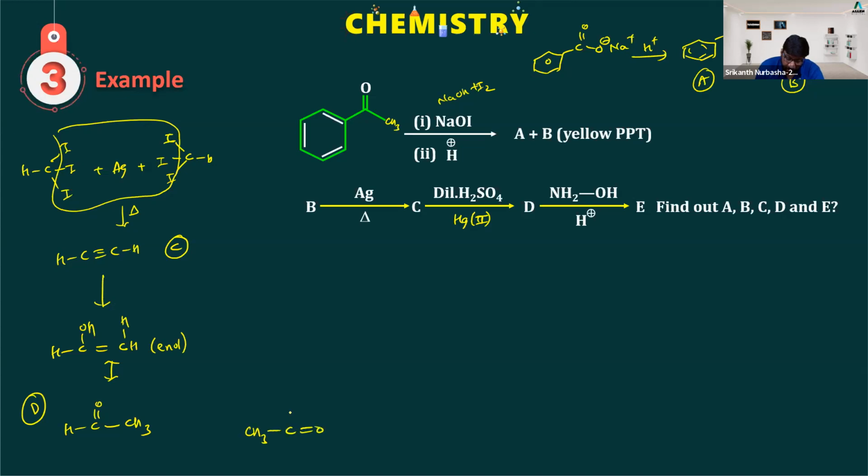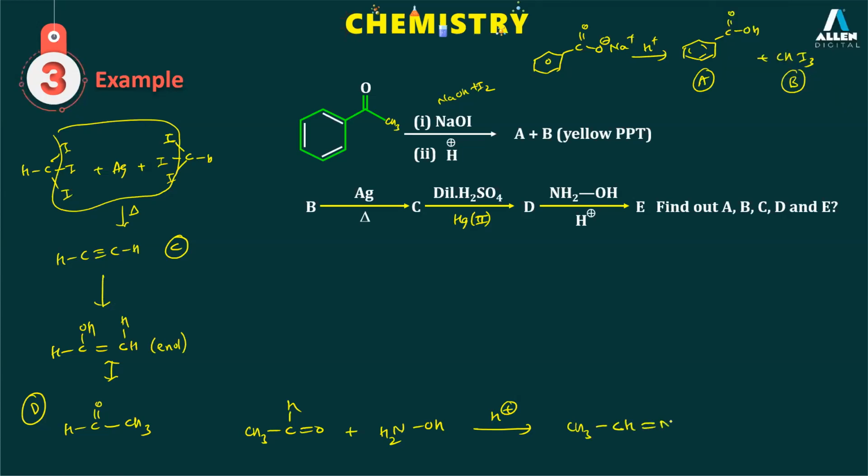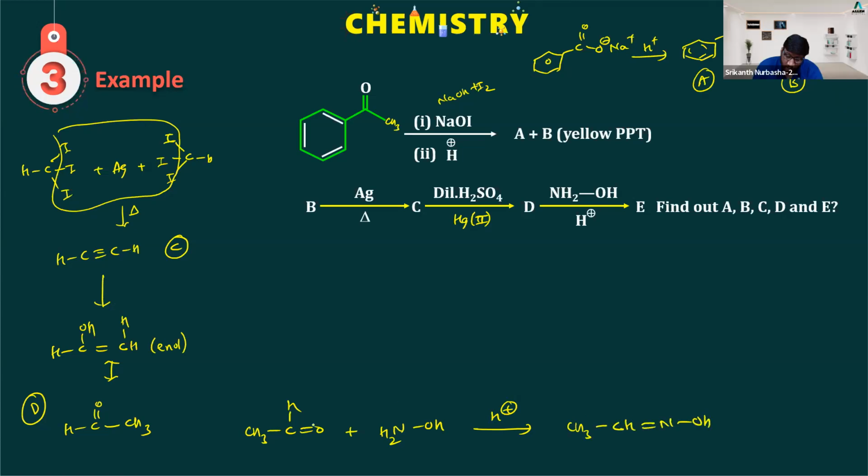CH3 C double bond H is treated with NH2OH, an ammonia derivative. Ammonia derivative means you have to maintain a weakly acidic medium. The oxygen and the two hydrogens from nitrogen are going to be lost.